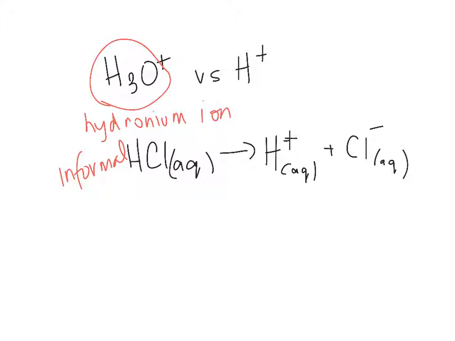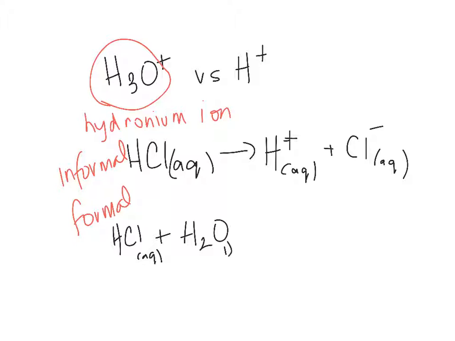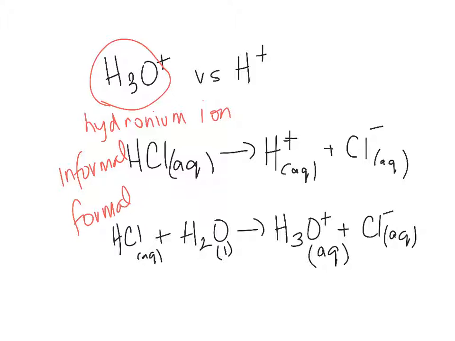The formal way is the way that's represented underneath: hydrochloric acid actually reacts with the water, and we make hydronium ions and chloride ions. So this is formal, and this is on your sheet.